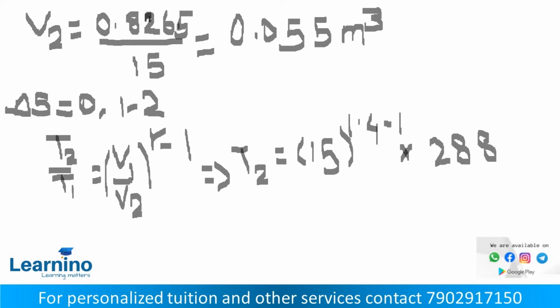288. So 15 raised to 0.4 into 288. How much?